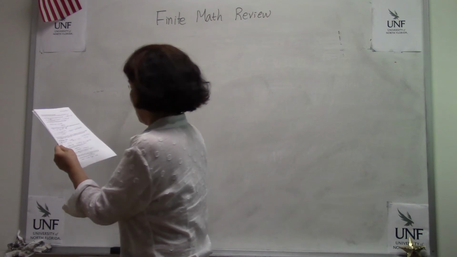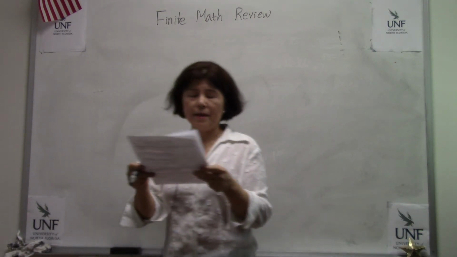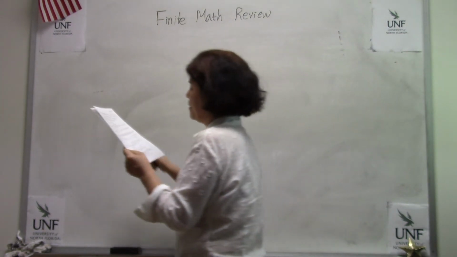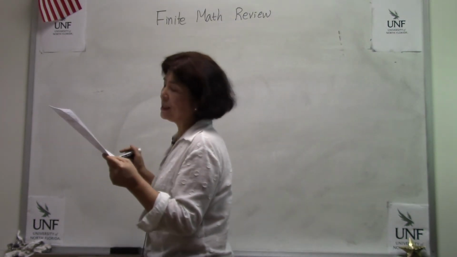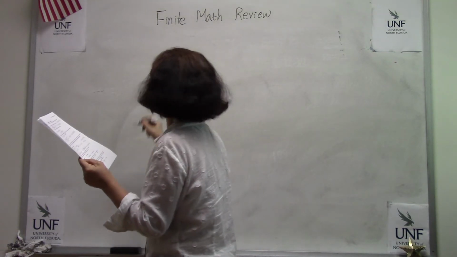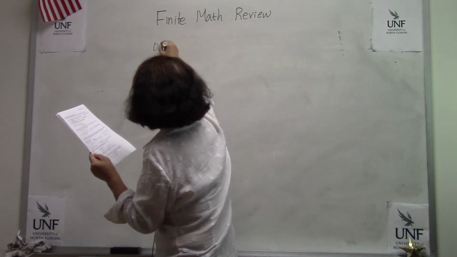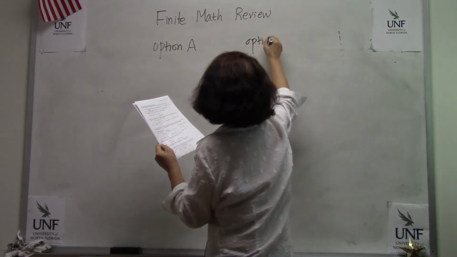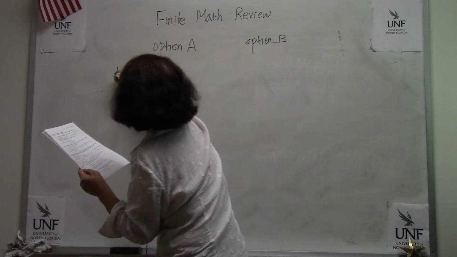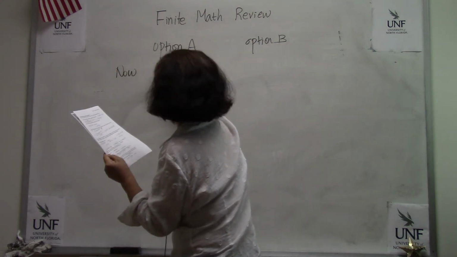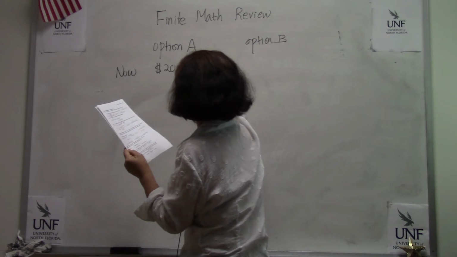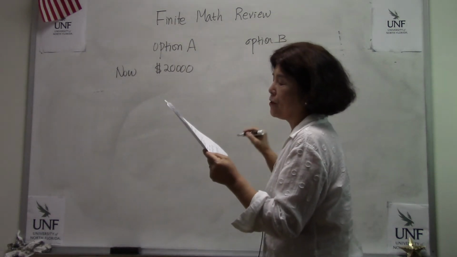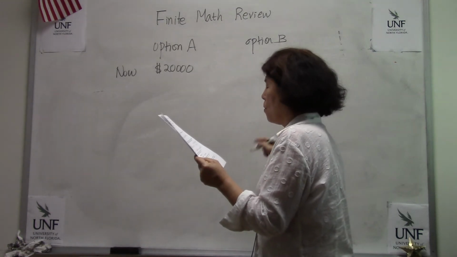Okay. The next type is where you compare two options. Is it more profitable to receive option A, a lump sum of $20,000 now, or option B? Okay, you have two options. Option A, you receive $20,000 now, or option B, you receive $1,800 at the end of each quarter for 3 years.